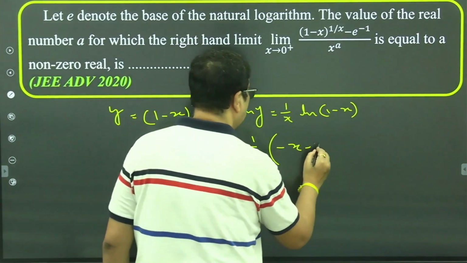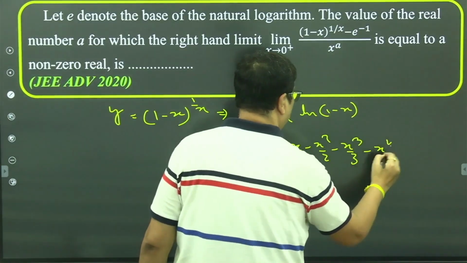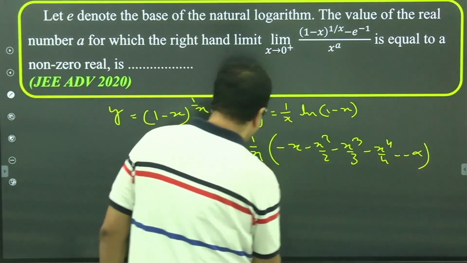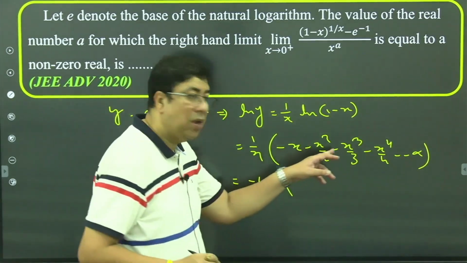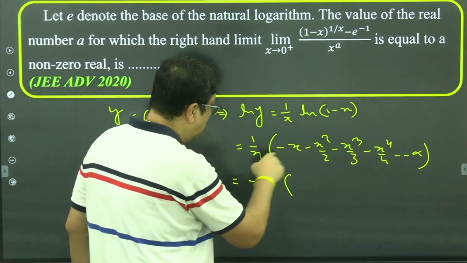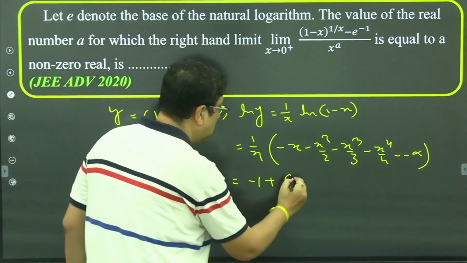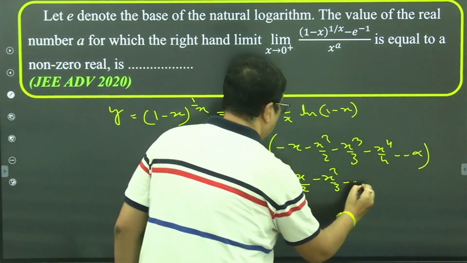So minus x square by 2 minus x cube by 3 minus x to the power 4 by 4 up to infinity. Now if I divide by x, all terms are negative, so I am writing minus 1 plus, cancelling x, minus x by 2 minus x square by 3 up to infinity.